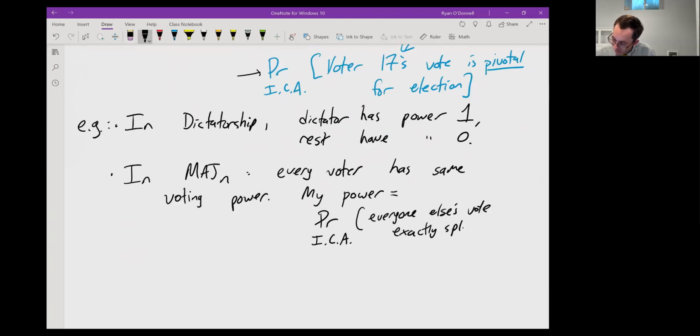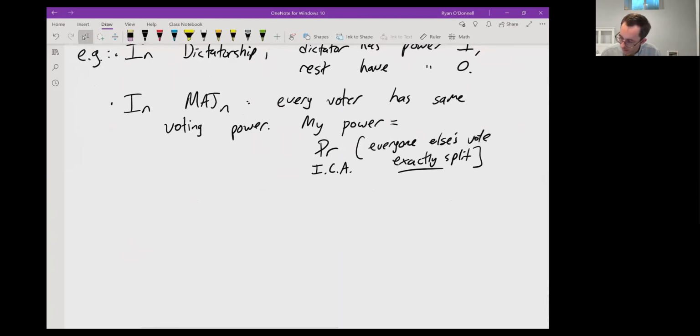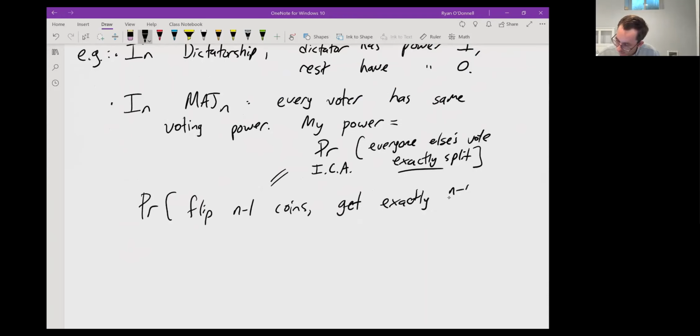Remember, we're imagining that n is odd, so there's an even number of other voters. My vote is pivotal if and only if everybody else exactly splits 50-50. That's the chance that my vote counts. So this is a probability question. If you flip n minus 1 coins, what's the chance you'll get exactly half heads?